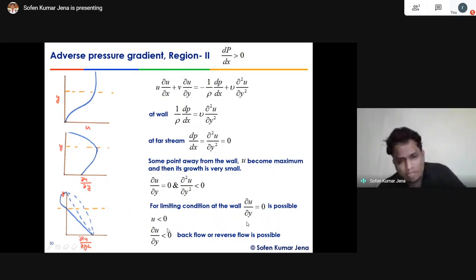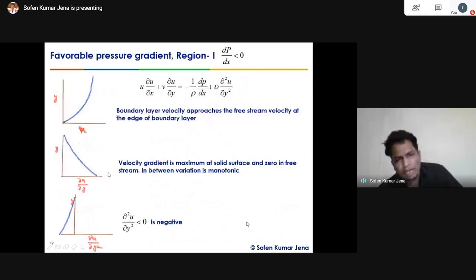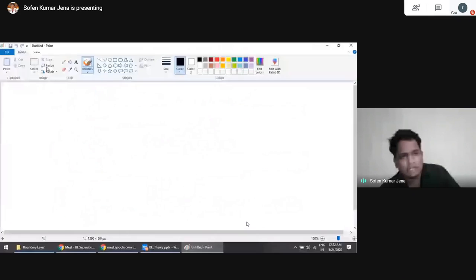What is this negative u saying? The negative u is showing a backflow. Instead of the velocity moving in the forward direction because of the drag by the external free stream, what will happen? So this is my normal boundary layer, and this is my solid. This is the curved boundary layer. This is the free stream pull.